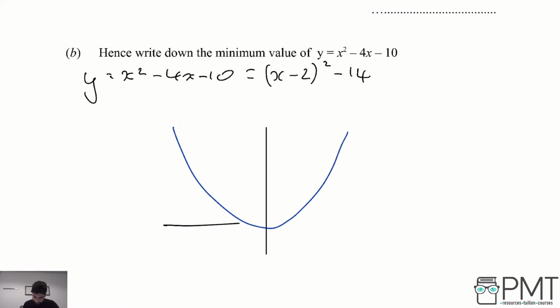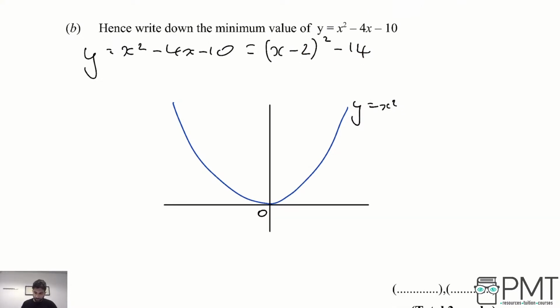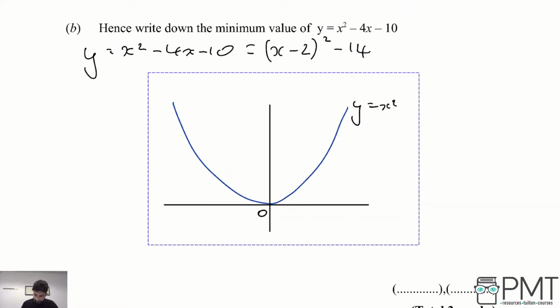Say we start with this. Then I need to move this. So this is y equals x squared. But we want to translate this. So can someone tell me what translation this is? What does this 14 or minus 14 do? And what does this minus 2 do to my quadratic graph?